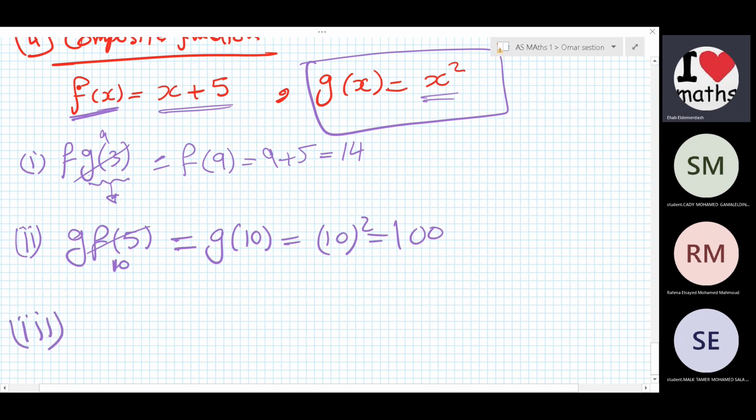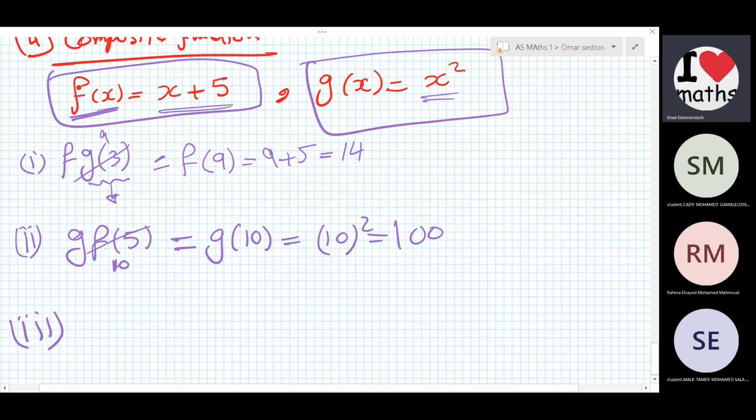We start from inside to outside. f of 5 هتتعمل جوه الفانكشن ده. ال f of 5 هيبقى 5 plus 5 يعني 10. طب انت عايزه تطلعي g f of 5 يعني g of 10، وهي 10 باور 2 اللي هي 100.